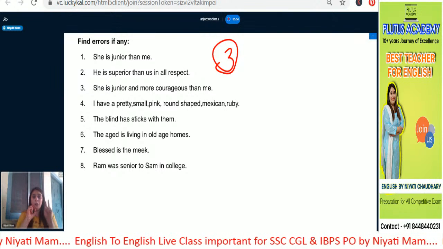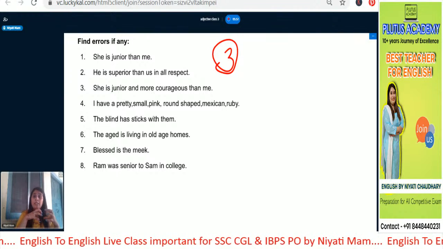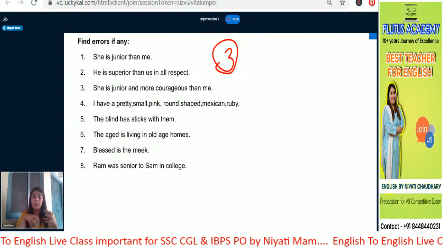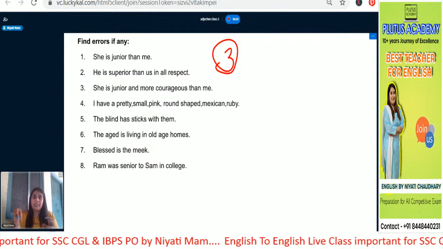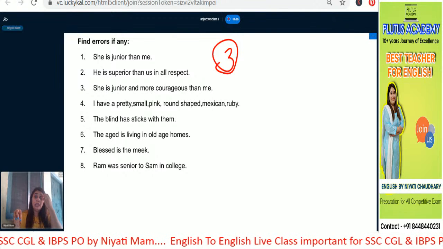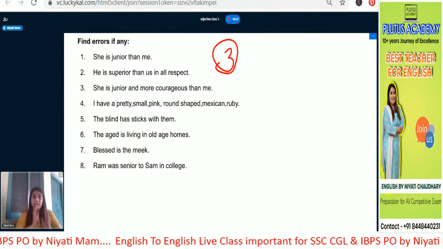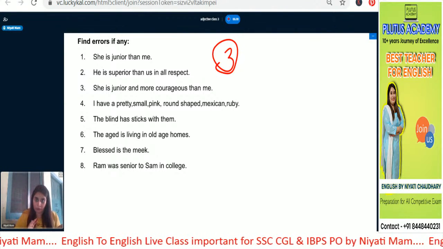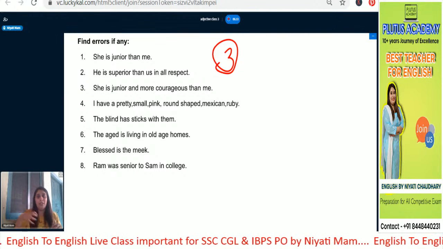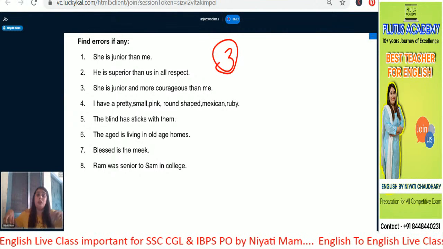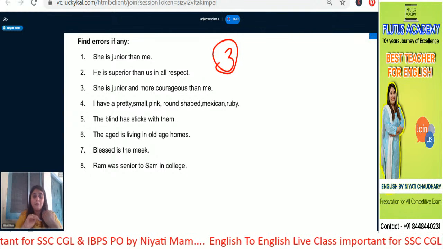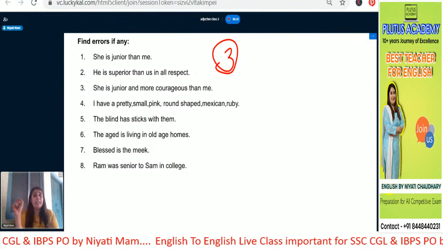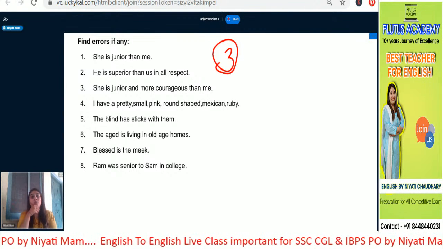If the two adjectives are being used for a single subject, and both of the adjectives need a separate preposition for themselves, then in that case we need to write a different preposition.